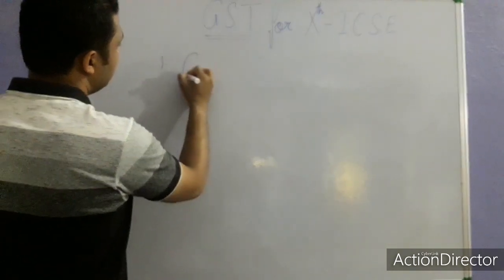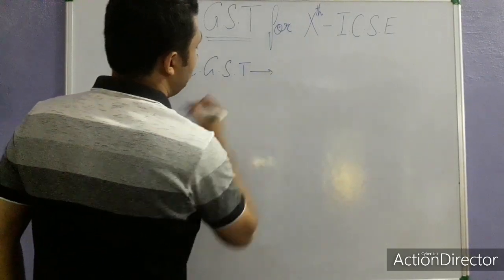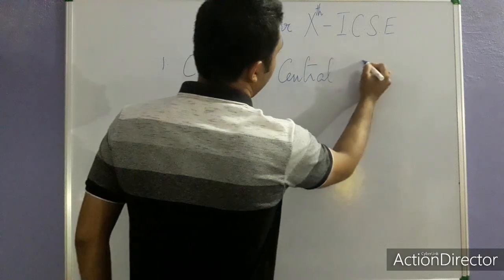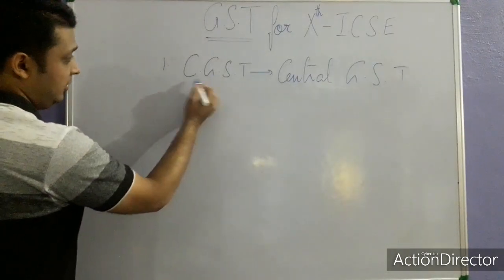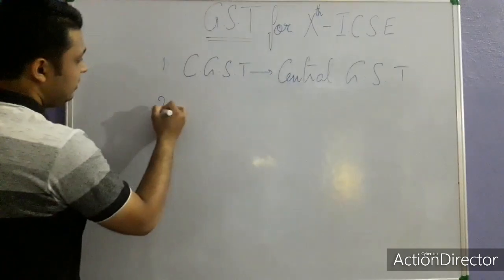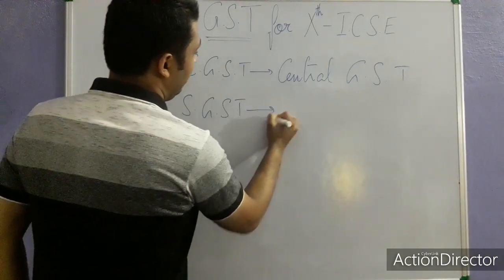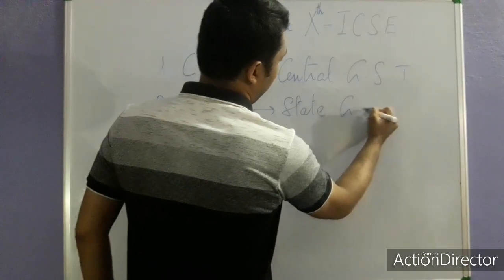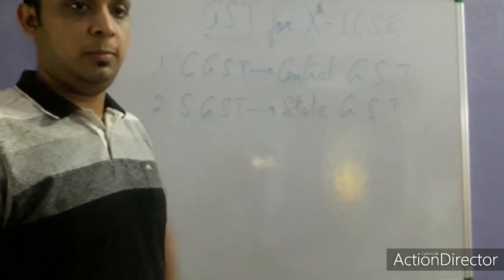First is CGST, which is central GST. Clear? CGST means C for central government. Second is SGST, which means state GST, that GST which is levied by the state government.